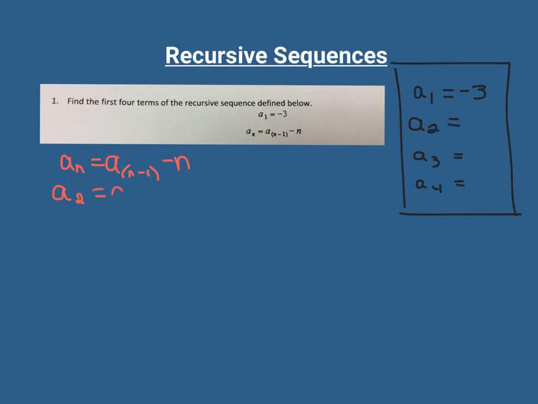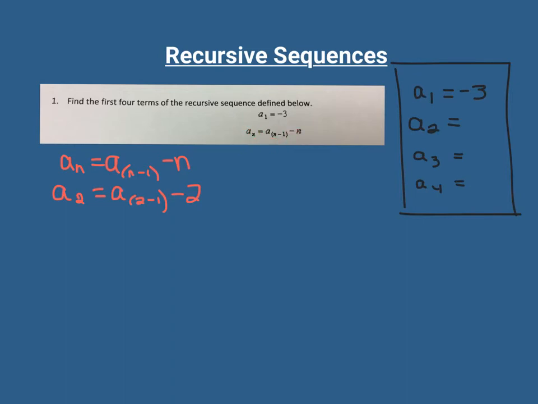I'll have a sub 2 minus 1, and then minus 2. Keep in mind, I know it's sloppy, but the n and the n minus 1 here are subscripts, and everything else is not.